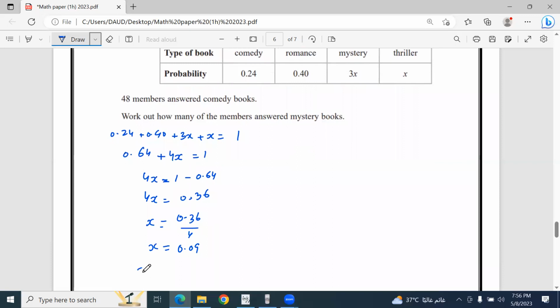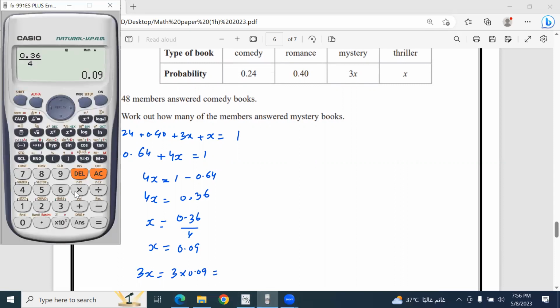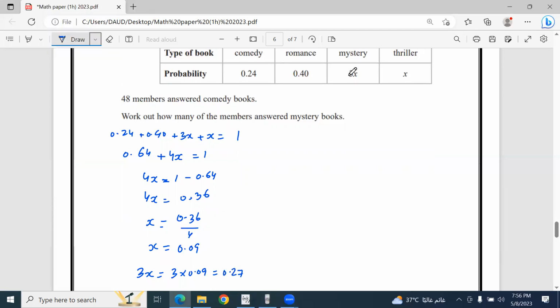And what is 3x? 3 multiplied by 0.09 gives us 0.27. It means for mystery, the probability is 0.27, and for thriller, the probability is 0.09.